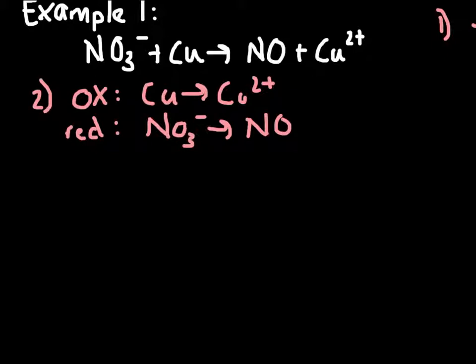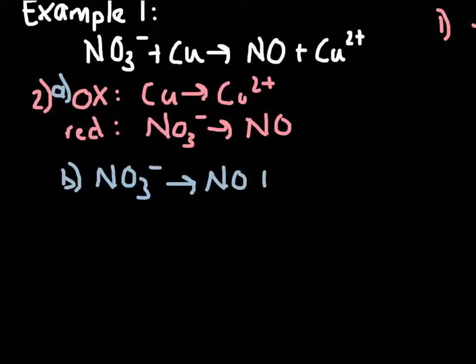So NO3, our reactant side has 3 more oxygens than our product side. Therefore, the water is going to be added to the product side. There's 1 oxygen on the product side, so we are going to need to add 2 waters. Now we have 3 oxygens on both the reactant and the product side. Step C.